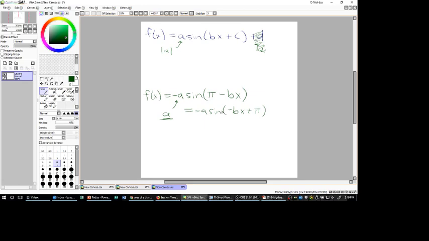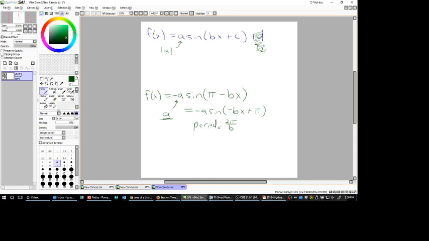The formula to find amplitude is the absolute value of A. For sine and cosine, the formula to find the period, which is how often a graph repeats, is 2 pi over b. Just like this negative flips it over the x-axis and doesn't change much else, this negative would flip it over the y-axis, but that doesn't change how often the graph is going to repeat.